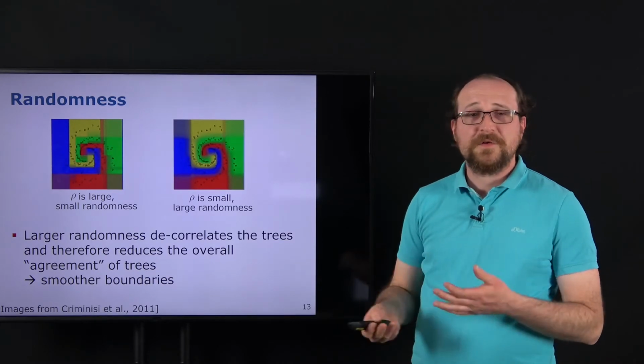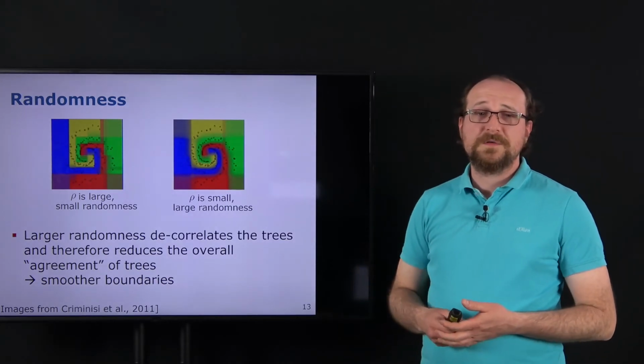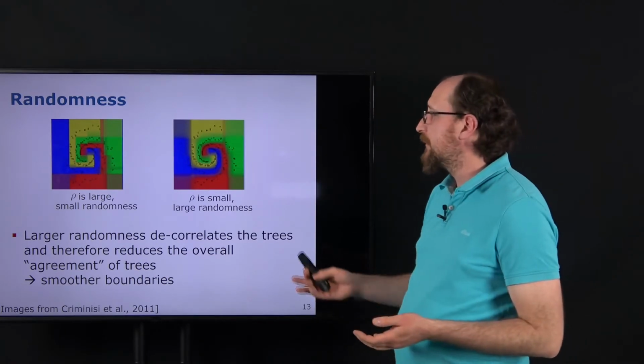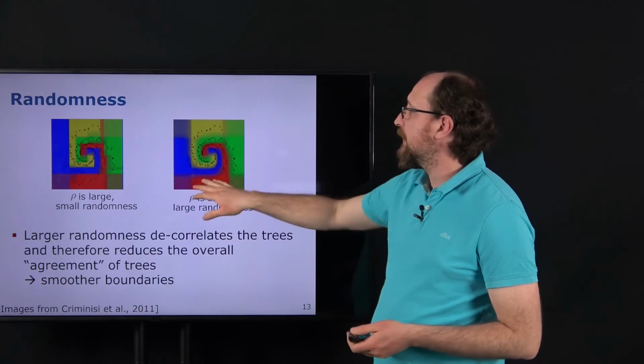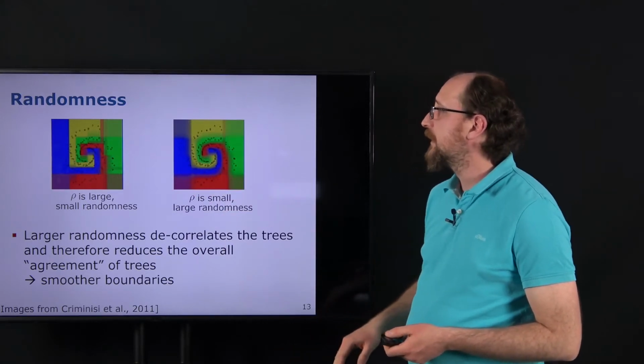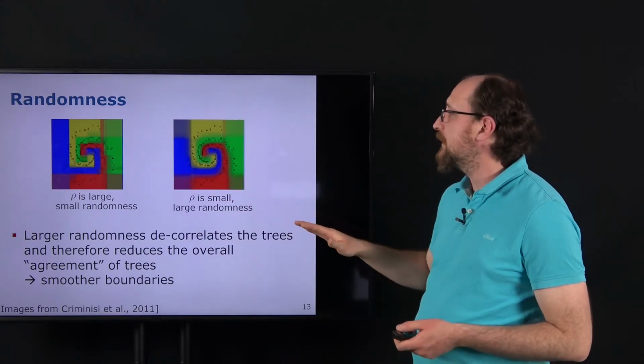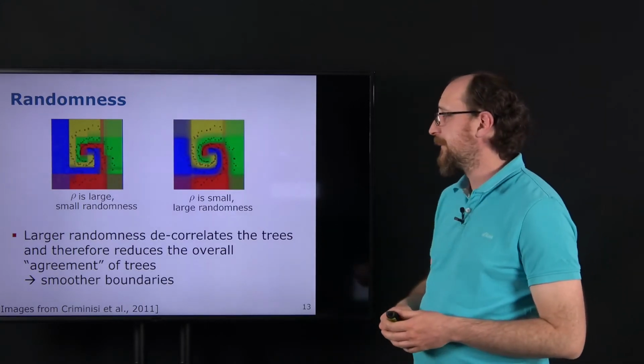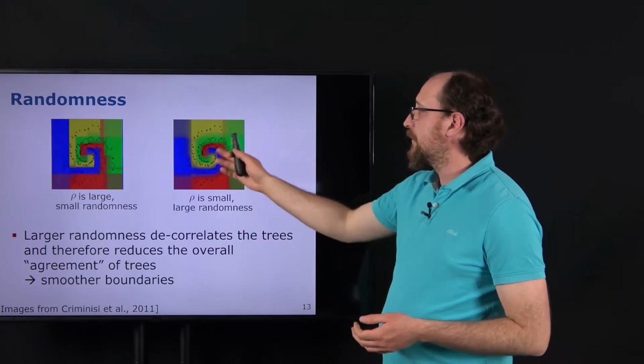When we use a larger randomness, we decorrelate the trees, and therefore reduce the agreement between the different trees. So here you see that the posterior is much smoother, and therefore we also get smoother boundaries.